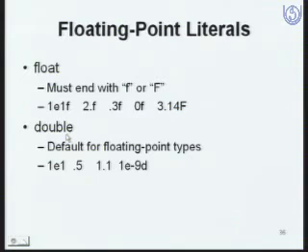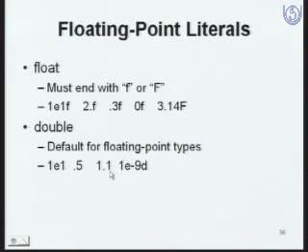Similarly, if you want to define some larger floating point literal, then you have to use double, and double is the default floating point data type. You need not specify D. Like for example, we have used F for floats. We need not write D, or this depends on you. If you want to specify D, it is acceptable.